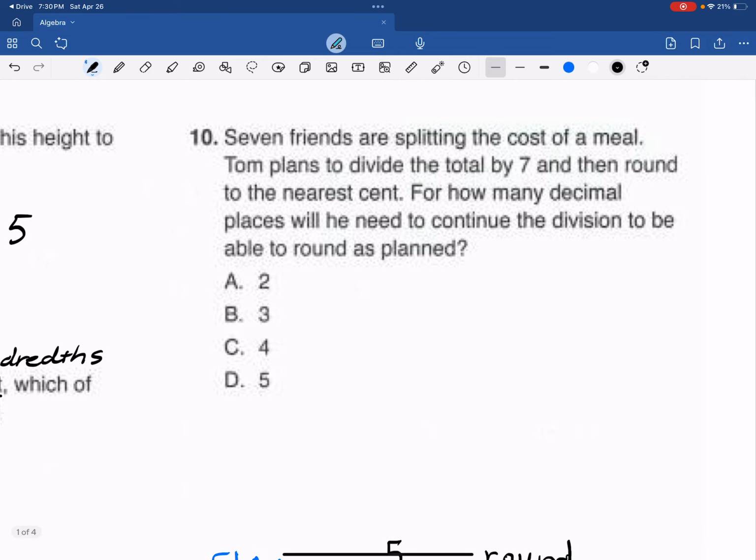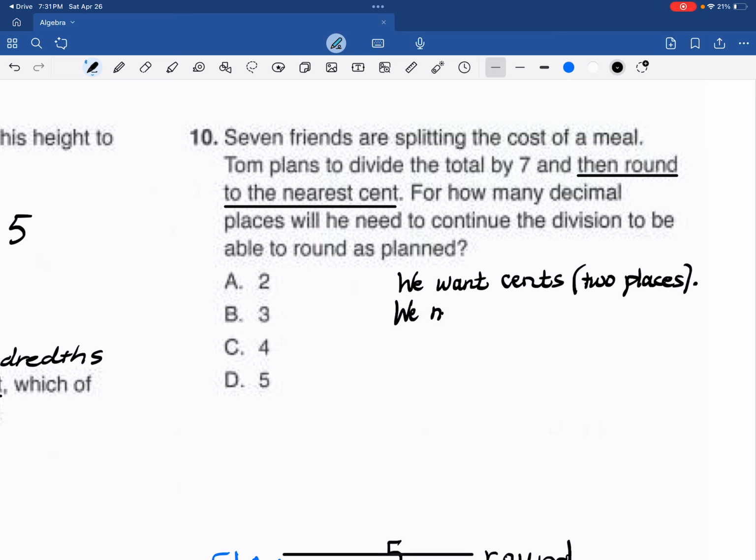7 friends are splitting the cost of a meal. Tom plans to divide the total by 7 and then round to the nearest cent. For how many decimal places will he need to continue the division to be able to round as planned? Well, they tell us that we want cents. That's hundredths. That's 2 places. We need to see the thousandths place.